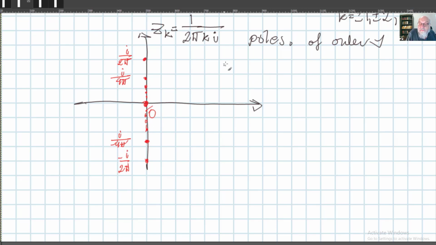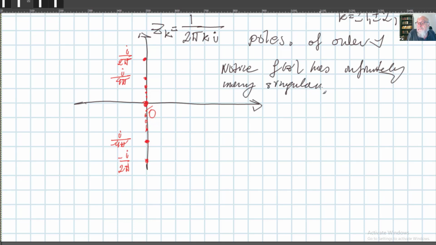So you can notice f of z has infinitely many singularities, all of them except 0 are isolated.